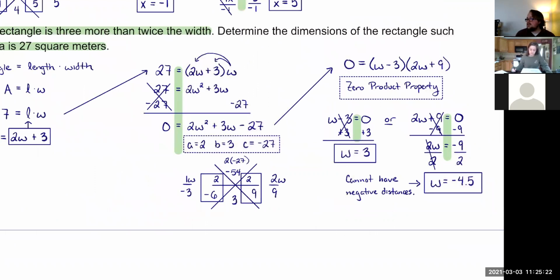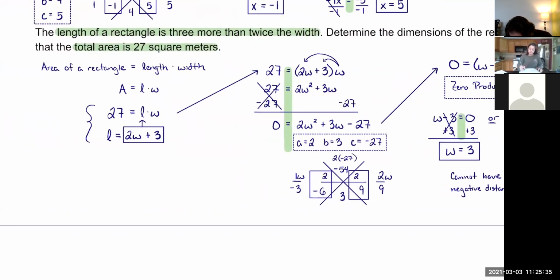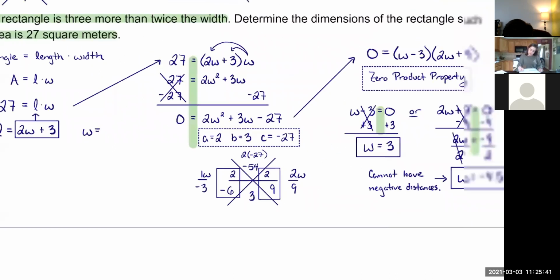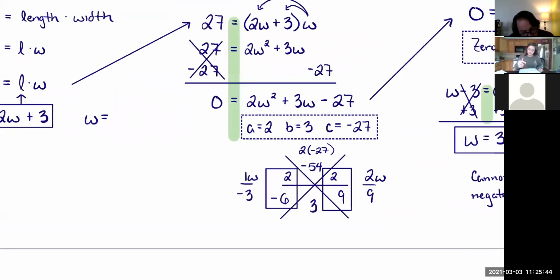What's our length? Yeah, we're finding the dimensions. 2w plus 3. So I'm going to come all the way back over here. We now know that our width, w, equals, what was it? I already forgot. 3.